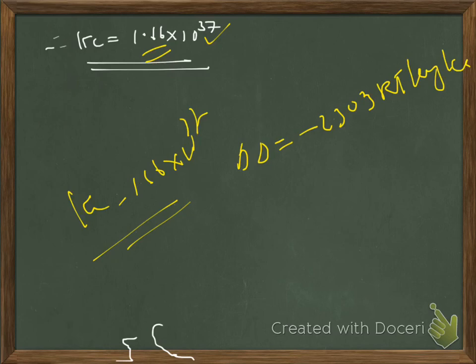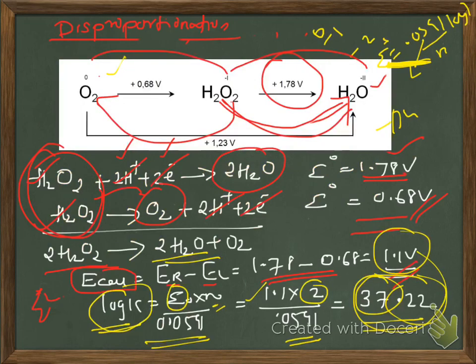Here Kc is a highly positive value, then its log is also positive, then delta G becomes negative. That process is spontaneous. So this disproportionation is a spontaneous reaction, since its Kc is high and delta G is negative.